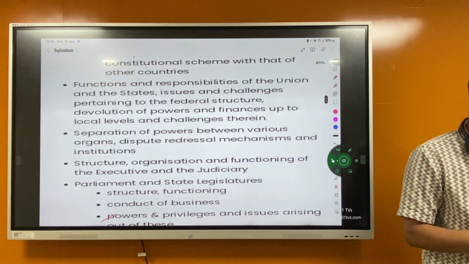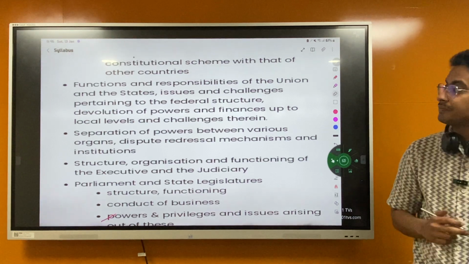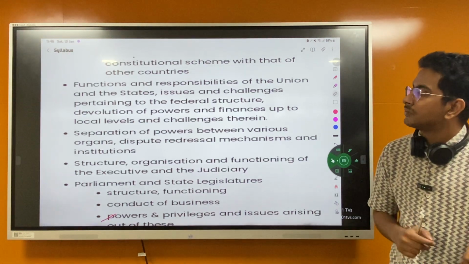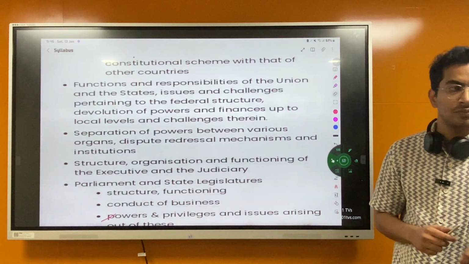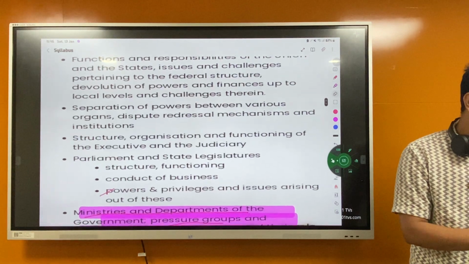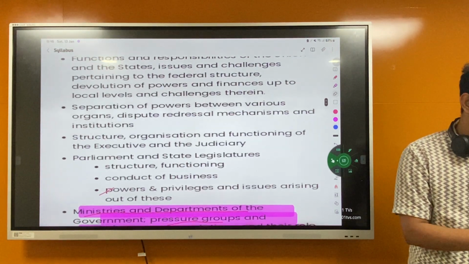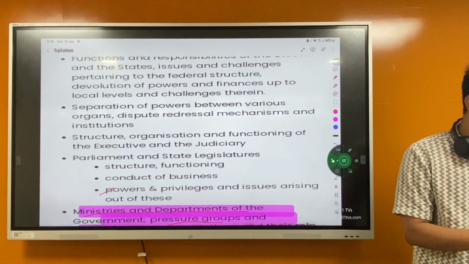Next is devolution of power and finances up to local level and challenges therein. Next topic, separation of power between various organs, comma, dispute redressal mechanism and institution.